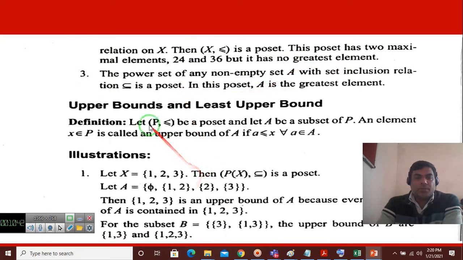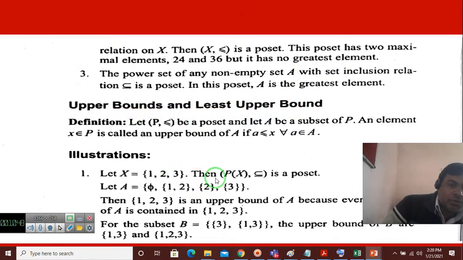Now the upper bound and least upper bound. The least upper bound is called the supremum.